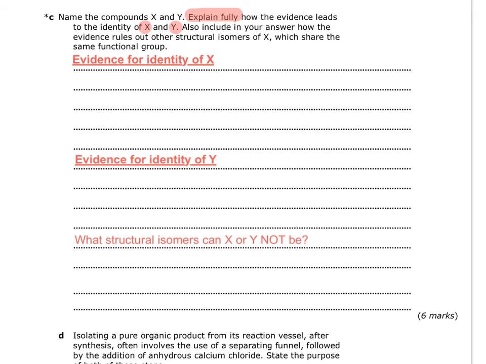And it says specifically to include in your answer how the evidence rules out other structural isomers of X which share the same functional group. So you can see I've slightly altered my subheading, the third one down, saying what structural isomers can X not be. So that matches the part that is highlighted in blue. And these match the part that's highlighted in red.